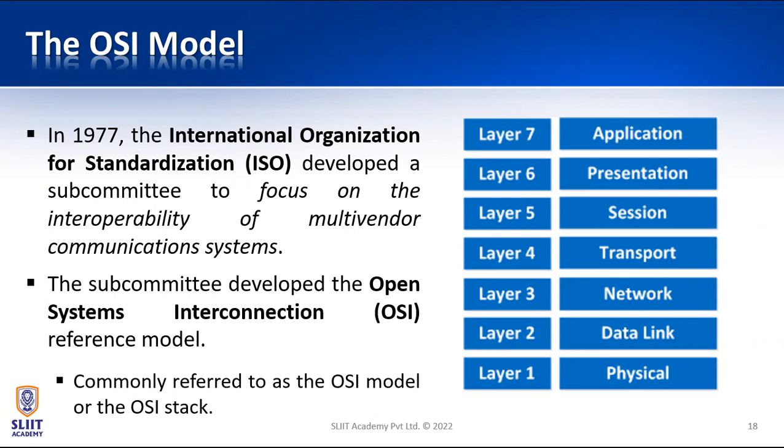Zoom is a desktop application, and we can also use the web application. Likewise, we have an application, and data will be presented either in audio or video format. So we have all 7 layers, and data will be sent from the application layer towards the physical layer.